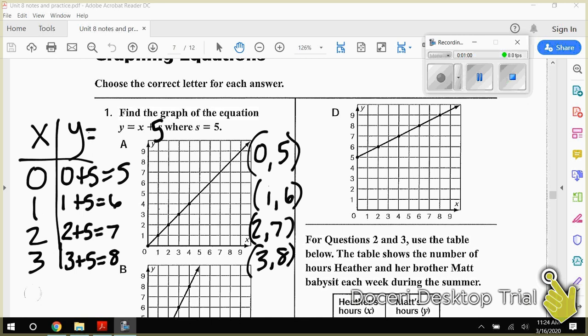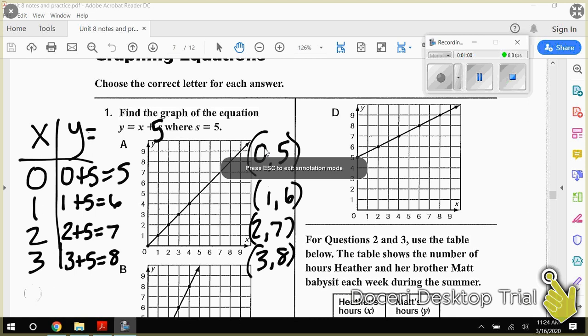Now, where am I getting those numbers from? Well, 0, 5, I'm literally getting that right here. 1, 6, right here. 2, 7, right here. 3, 8, right here. Those are my values. Now, I can see from this graph that this is not the right graph. Why?